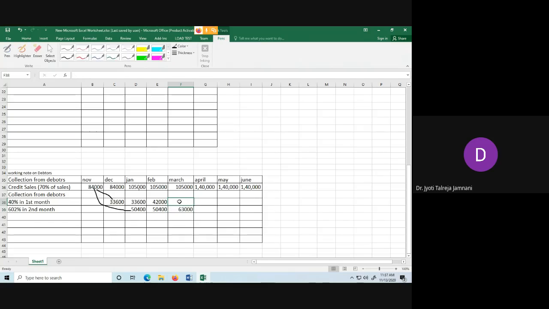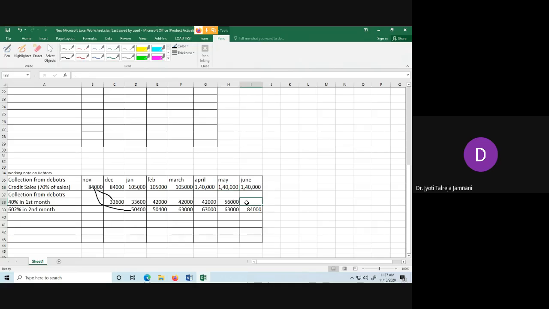Similar way, February 1,05,000, 42,000 in March, and 63,000 in April. March 1,05,000, 40%, which is 42,000 in April, and 60%, which is 63,000 in May. Then April 1,40,000, 40% is 56,000, and 60% is 84,000.